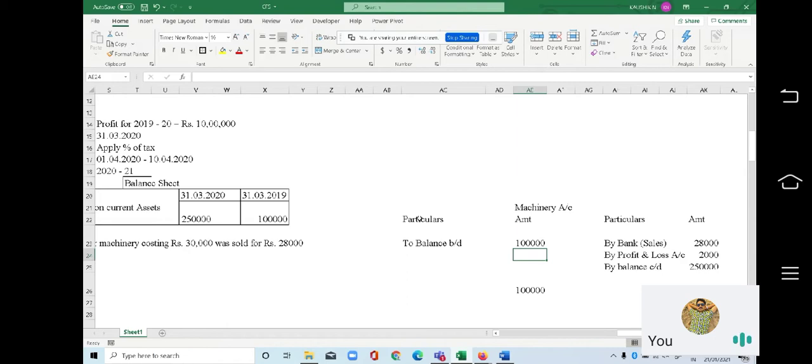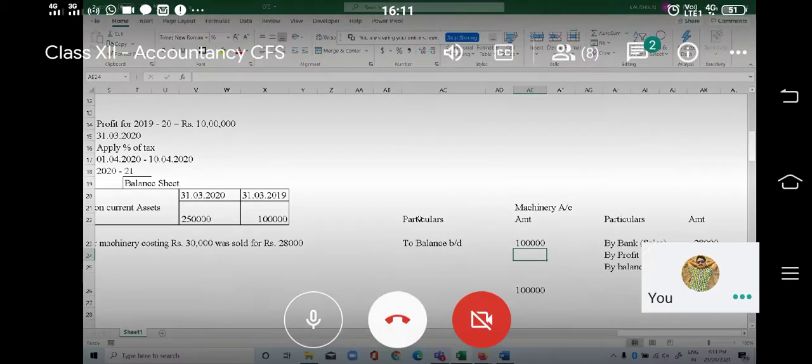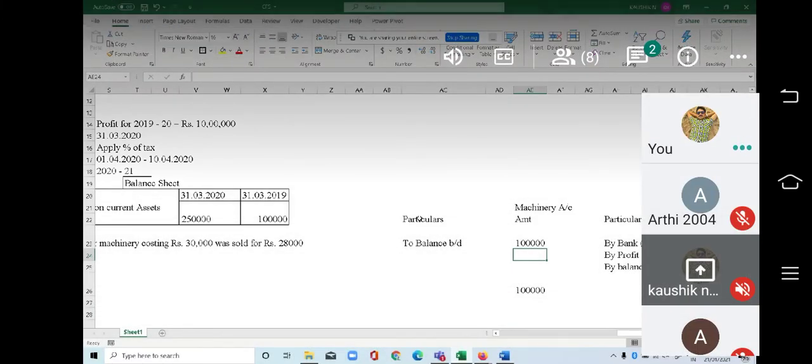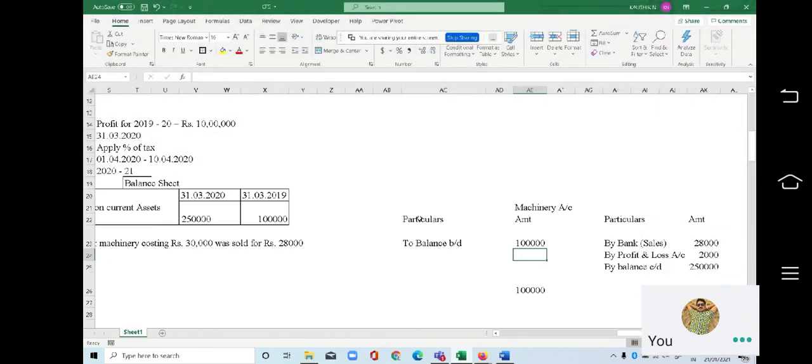Here 1 lakh, here 2 lakh 80. Students, what is the shortage amount? Very good. 1 lakh 80.